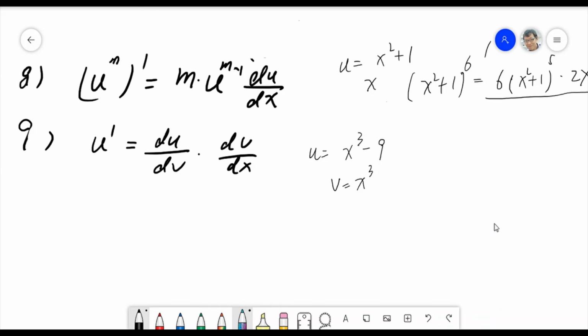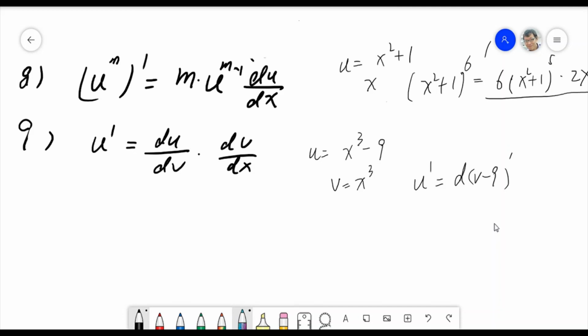So then u prime is written as du. du is what? du is d of v minus 9, right?